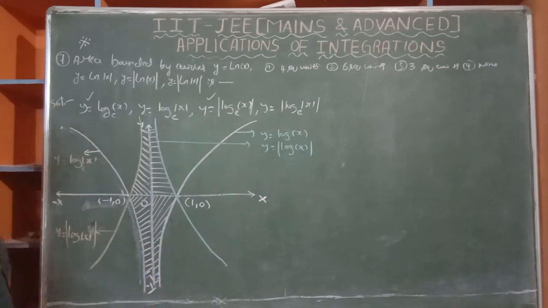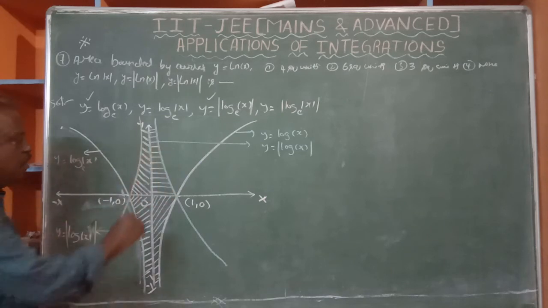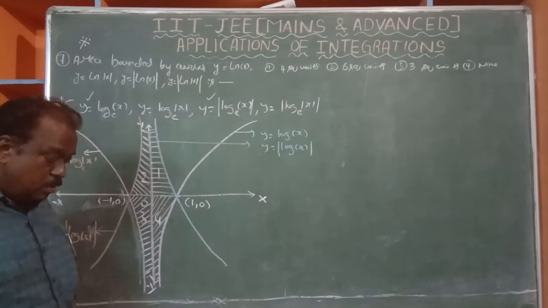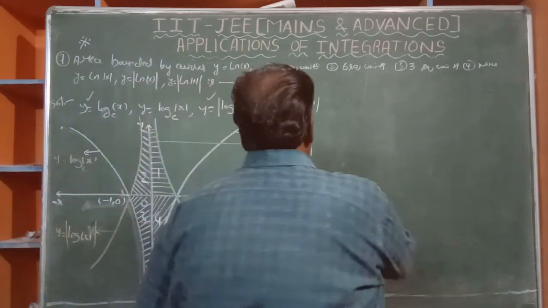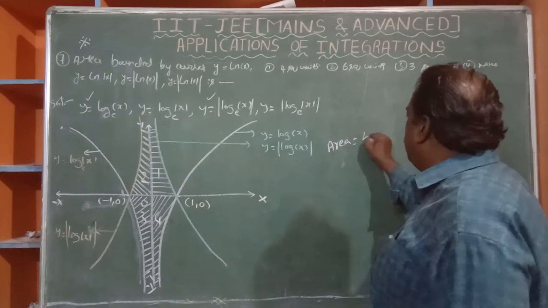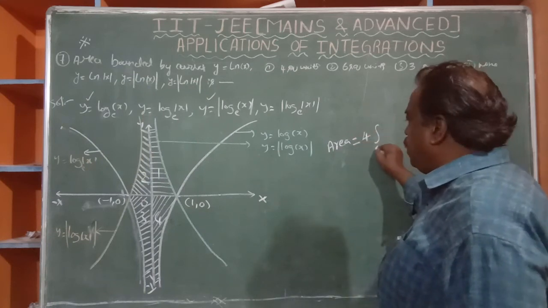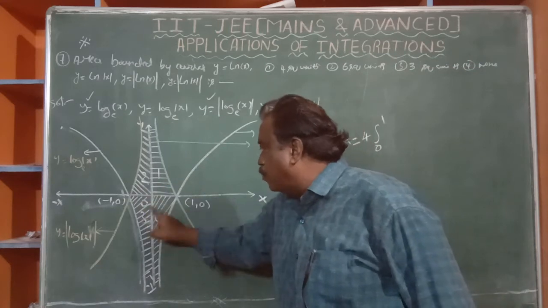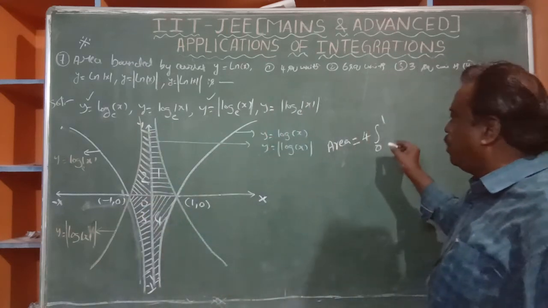It is symmetric. We'll take only this part. It is 1, 2, 3, 4. So the area is 4 times integral 0 to 1. Only I am taking this one.